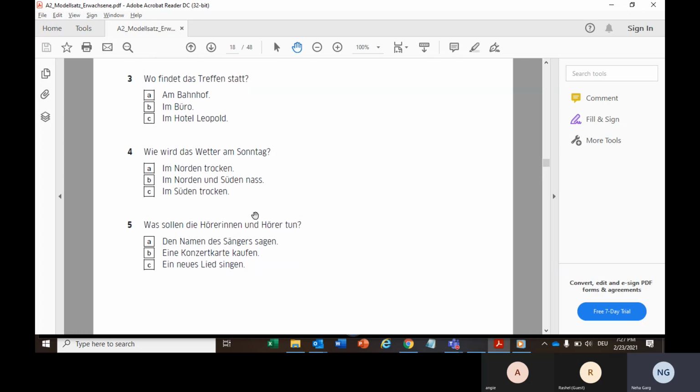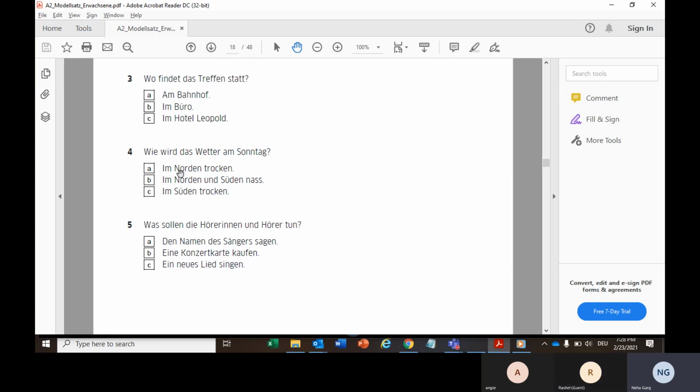What is trocken and what is nass? Did you understand the meaning? Dry and wet. Nass is wet. So he said that this weekend in north side it's cloudy, and for the whole weekend in north side they mentioned that it is very cloudy and about the Gewitter also they mentioned, and then specifically for Sunday they said that it will also rain in the south also on Sunday.